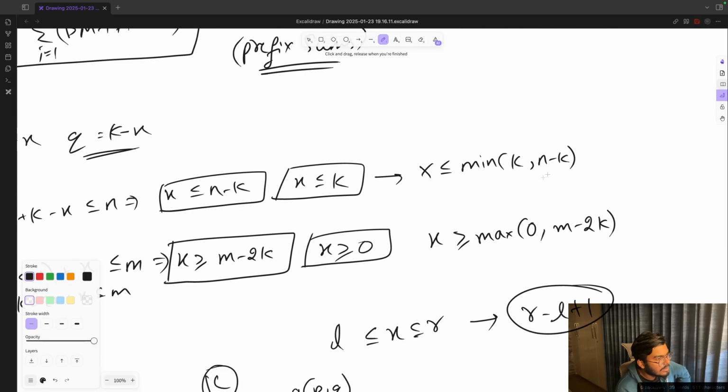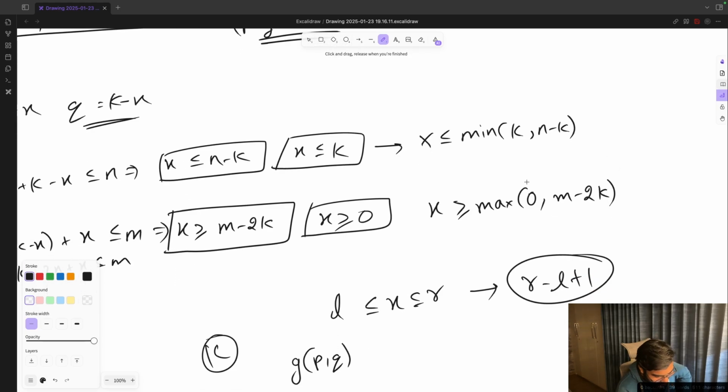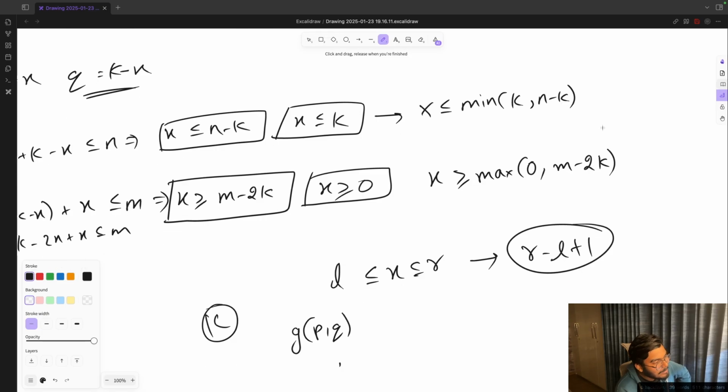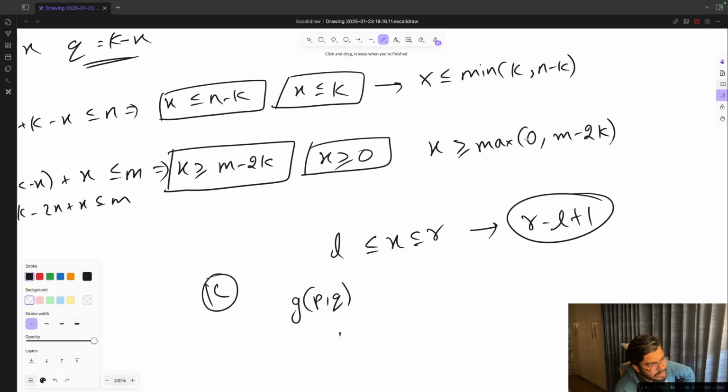The minimum value of p is the minimum of n minus k or k. Sorry, I'm really sorry about it. Minimum value of p, because x was equal to b, is given by this equation. It can be 0 or it can be n minus 2k.